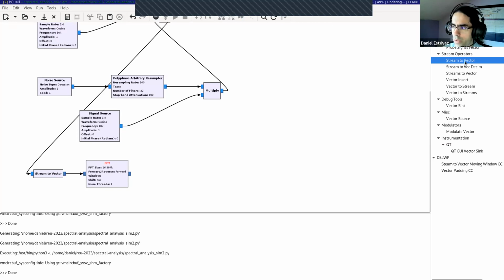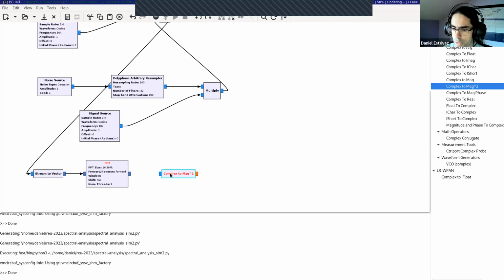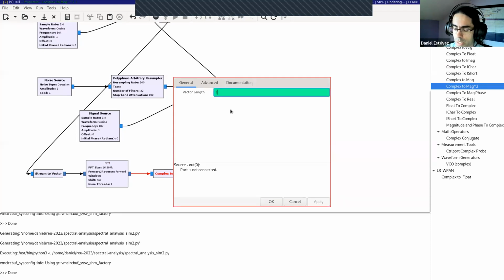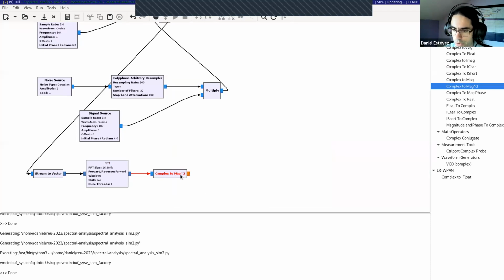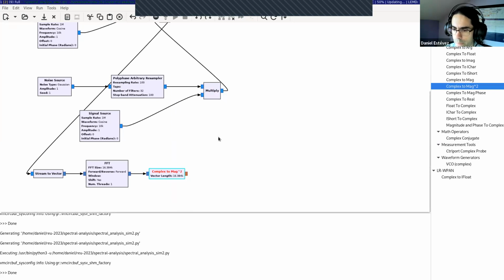Now we want to compute power. And the way to compute power with the FFT is to use complex to magnitude squared. You might know we have even mentioned that the power of a complex number is its magnitude or modulus to the power 2. When I said amplitude squared is power, I was referring to this squared. And many of the blocks you have in GNU Radio, for example, this complex to magnitude block, can operate on vectors, but you need to set the vector length.